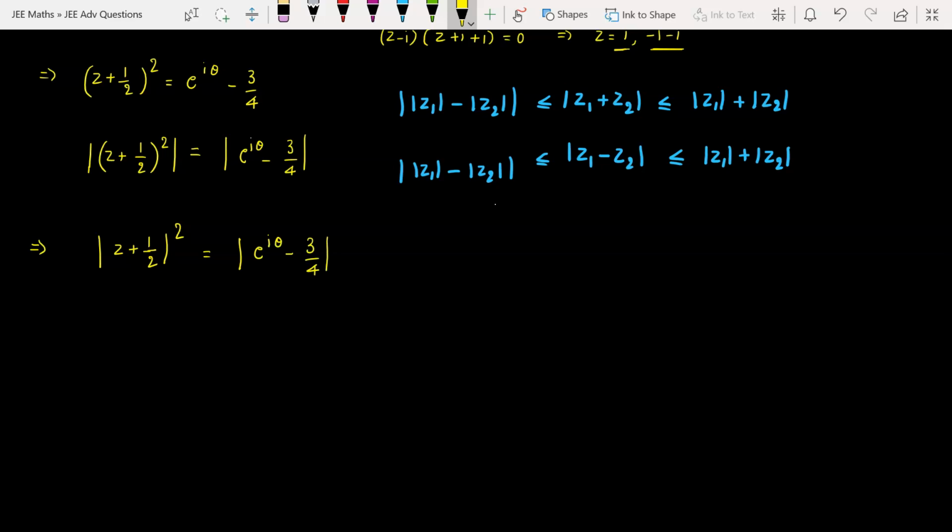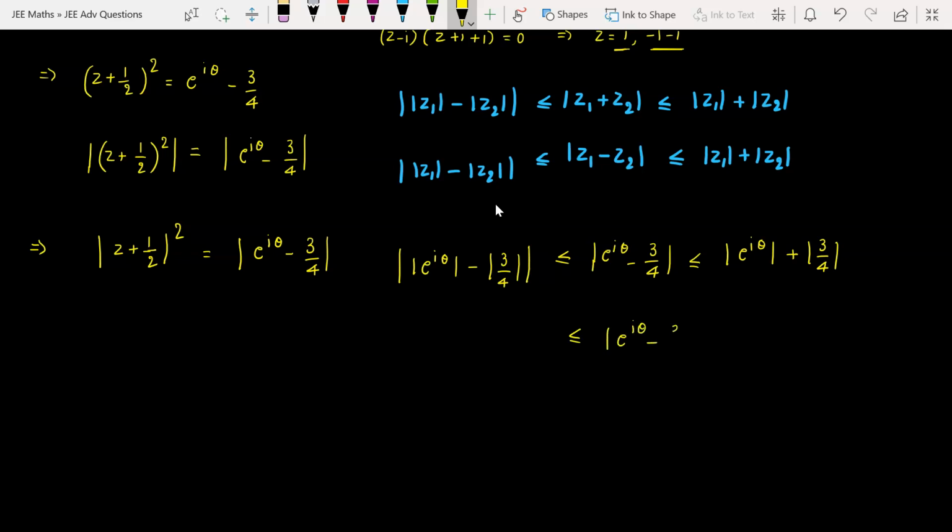Now using the second result, we can say modulus of e power i theta minus 3 by 4 is less than or equal to modulus of e power i theta plus modulus of 3 by 4, and greater than or equal to modulus of e power i theta minus modulus of 3 by 4.